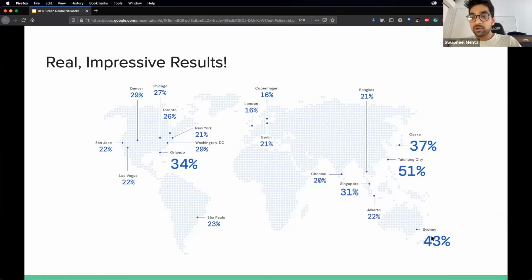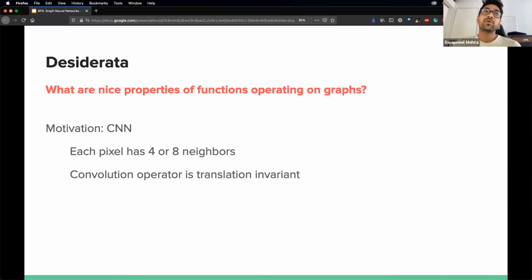But for now, let's start our journey with this very simple theoretical idea, in terms of what sort of functions we want operating on graphs. If you think about the motivation from convolutional neural network land, if you think about images, each pixel in the image has some neighbors, and then you run this convolutionally.